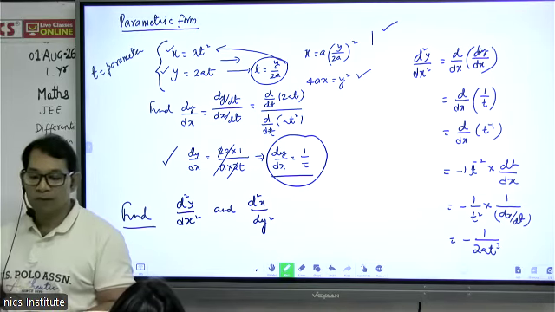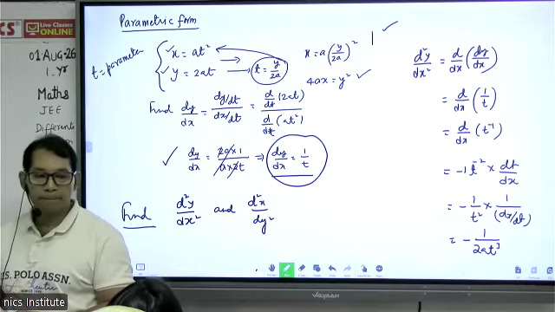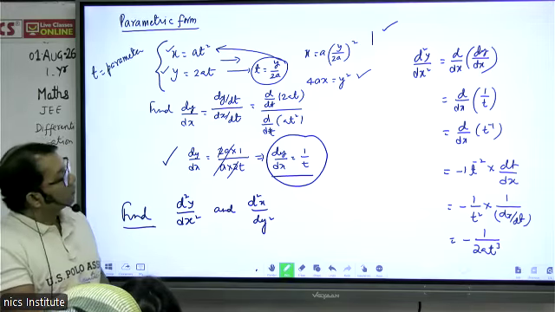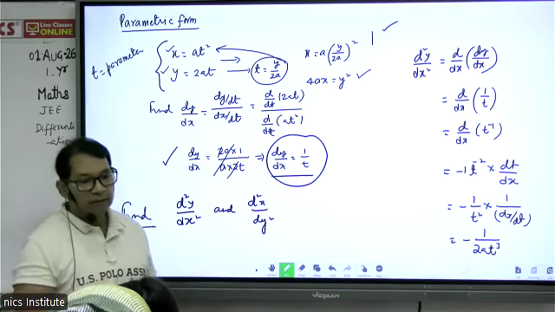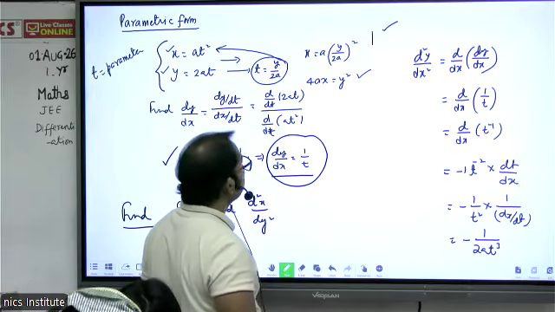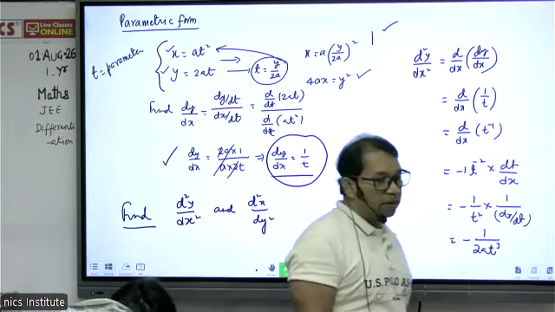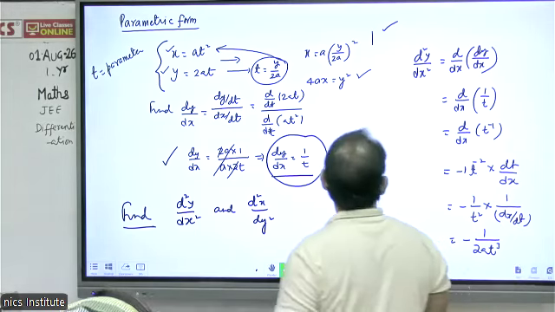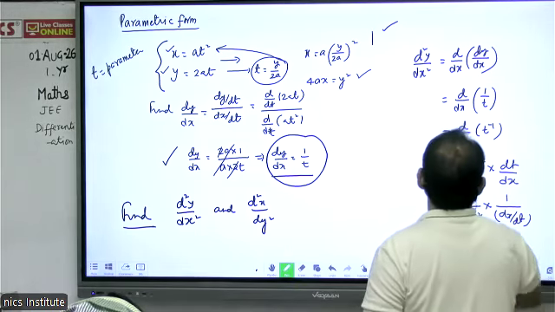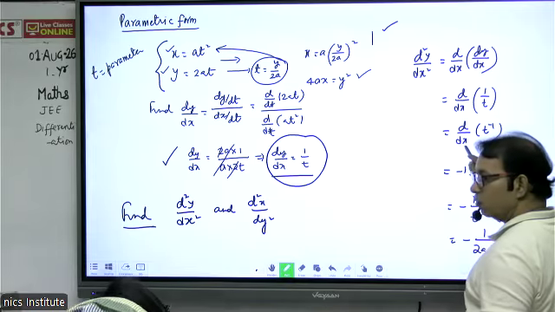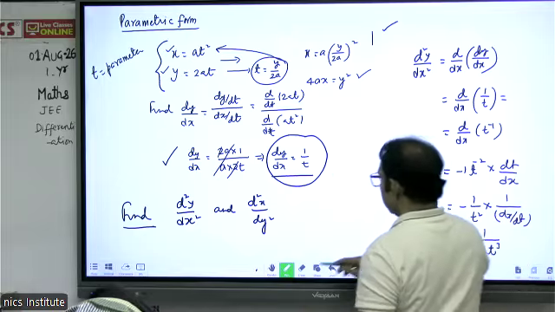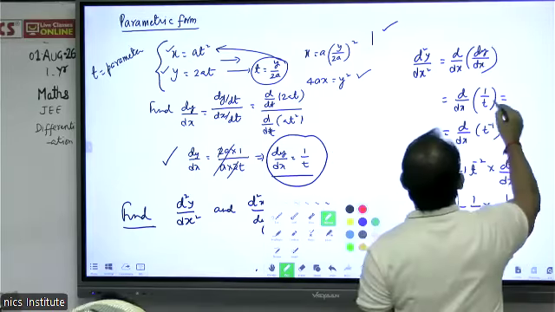Yes, then also the same answer will come. But the final answer should be in terms of t, because the parameter is given. You are differentiating t with respect to x. That is why. Otherwise, the second method could be just for understanding.